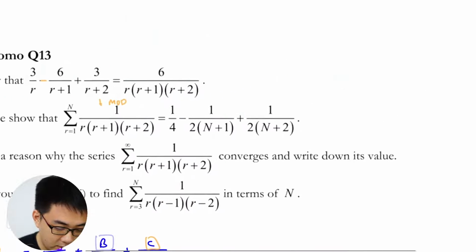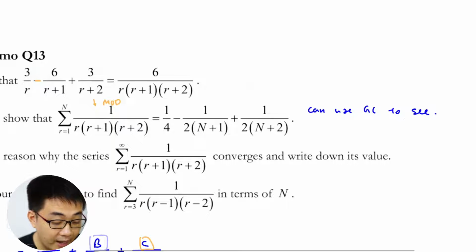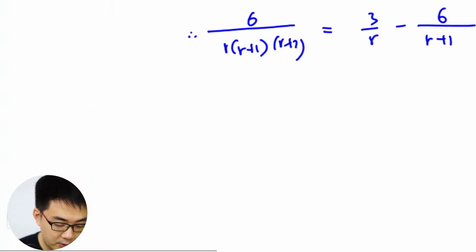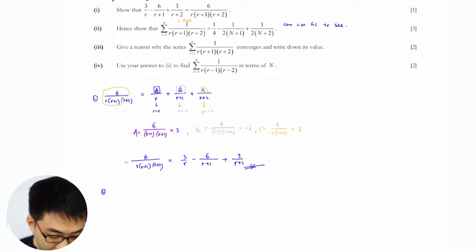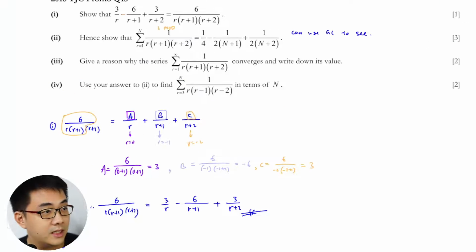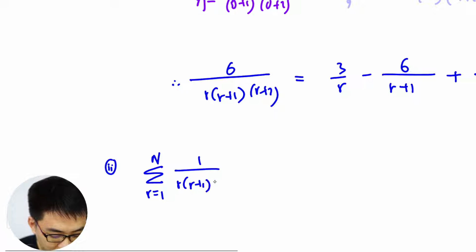Now, when it comes to method of difference, a lot of times students forget that they can use the GC to see. So I'm going to recap that for you here. For part 2, if you remember, bring out your GC. We need to go through this quickly. The first thing is the sum from r equals 1. You need r plus 1, r plus 2.